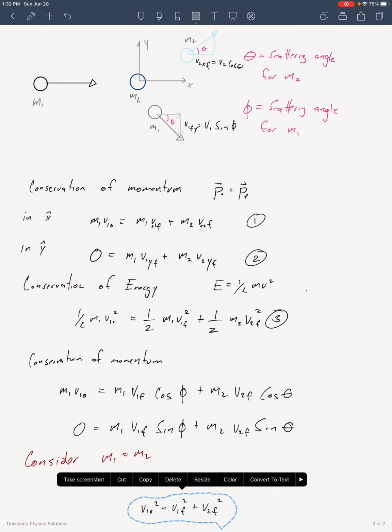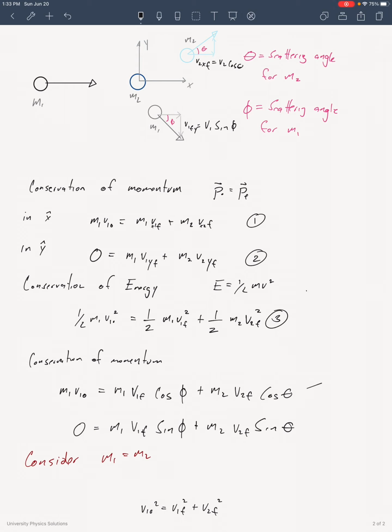For this equation, I'll just write it without any masses. B10 is equal to B1 final cosine of phi plus V2 final cosine of theta. Alright, that's good. Let's put that there.